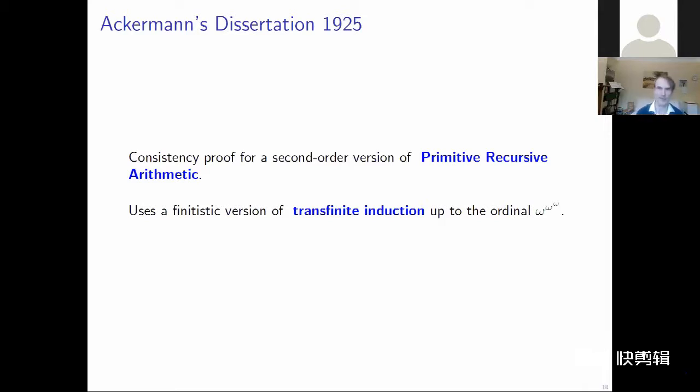As to further consistency proofs, in 1904, Hilbert had a consistency proof for a very weak theory of arithmetic. And then Ackermann, in his dissertation from 1925, proved the consistency of a stronger system of arithmetic, which, among other things, incorporates functions you can define by primitive recursion.